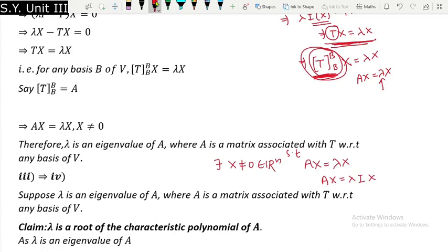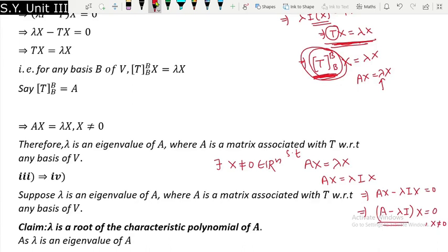Just I have introduced that I. This will imply Ax minus lambda I x will be equal to 0. This will imply (A minus lambda I)(x) is equal to 0, and x is non-zero. Just note this.